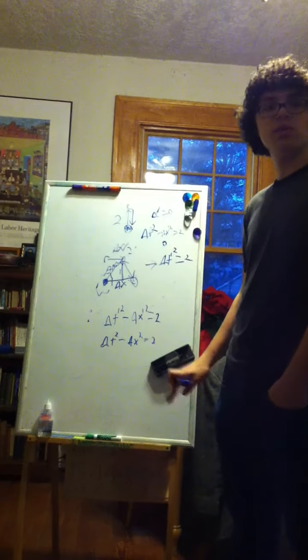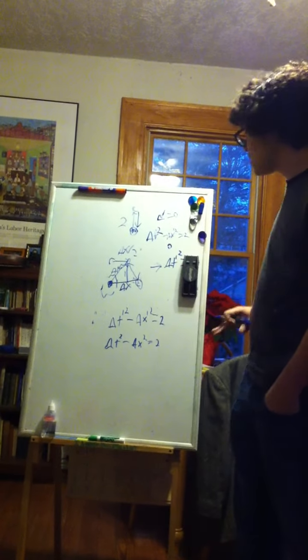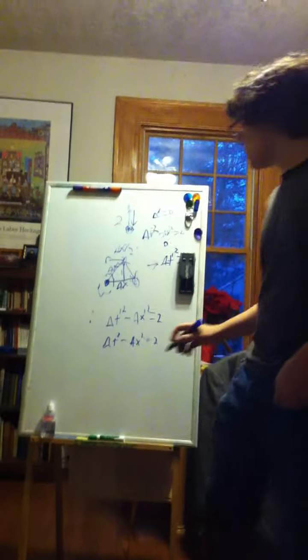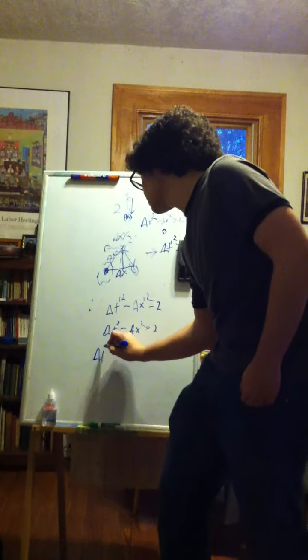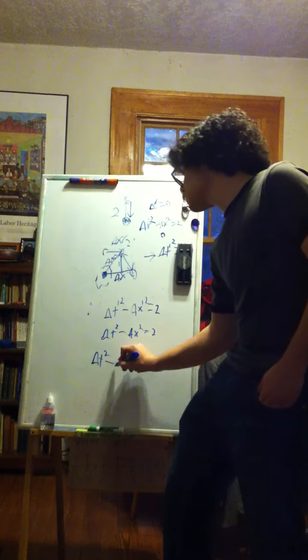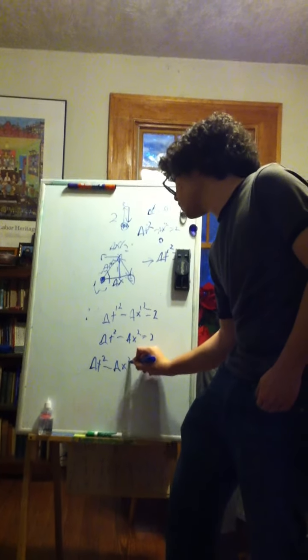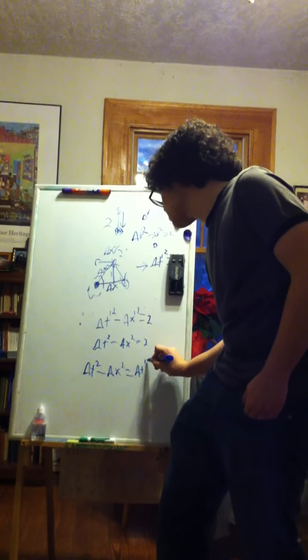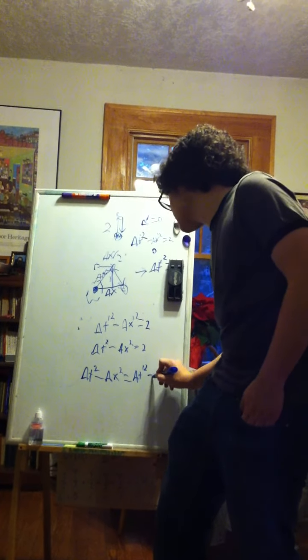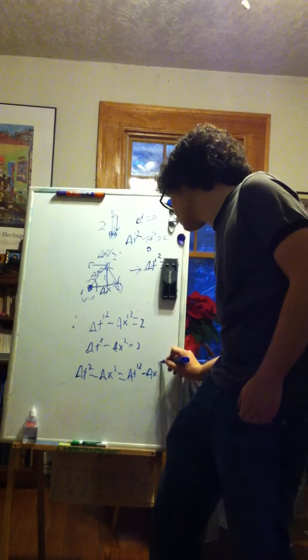They both equal 2. We can put this into the same equation, which is going to be delta t squared minus delta x squared equals delta t prime squared minus delta x prime squared.